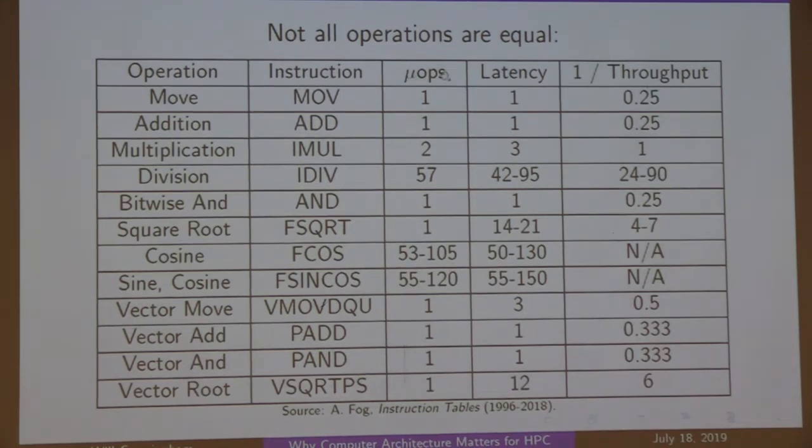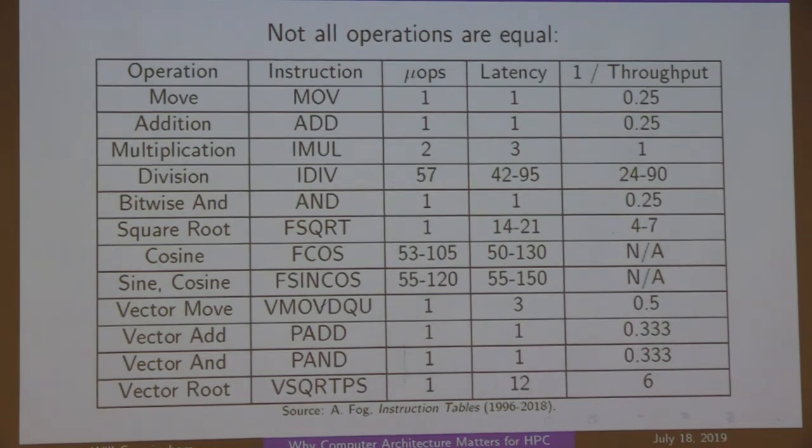Now I mentioned that there are micro operations, and what this means is that while these instructions are what you would see in the assembly code after you compile it, they do get broken up sometimes. So it might be a sequence of operations, and this gets closer to the hardware level in terms of what's happening in the actual circuits. For instance, division is way more expensive than multiplication.